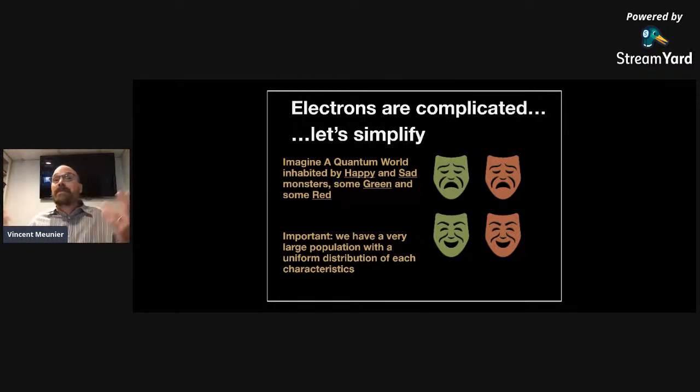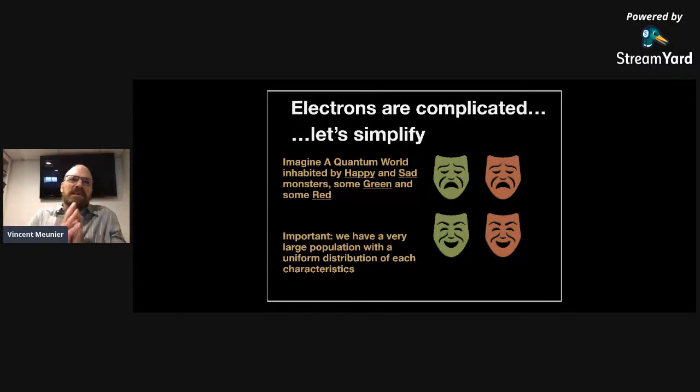One of them is emotion, which can be either happy, so you see the two bottom ones are happy, or sad, that's the top one. And then there is another property of those monsters, which is the color. They can be either green on the left or red on the right. So a very simple problem, right? You have monsters who can be happy or sad, green or red. There is no correlation maybe between them. We don't look into that.